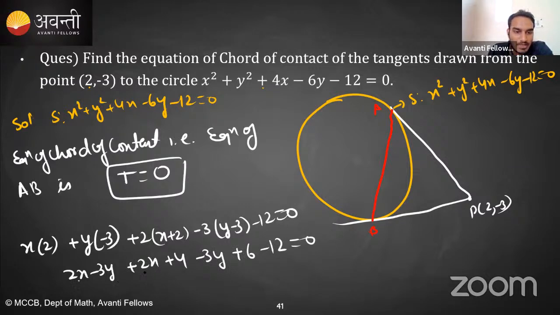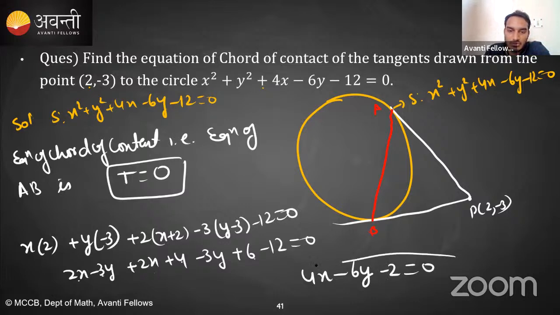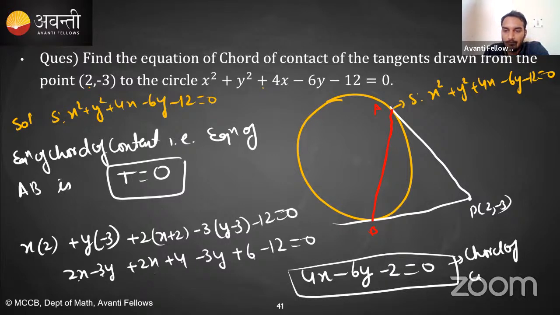So this is 4x minus 6y plus 4 plus 6 minus 12 is equal to 0. So this is the equation of chord of contact AB.